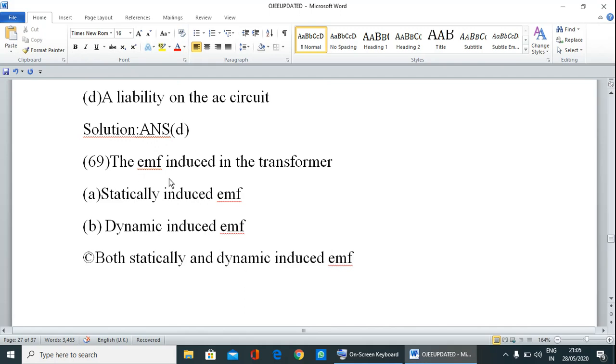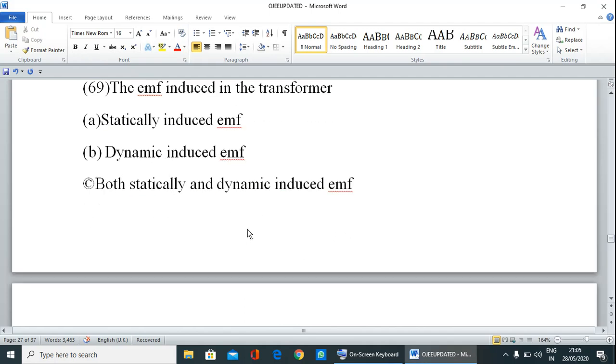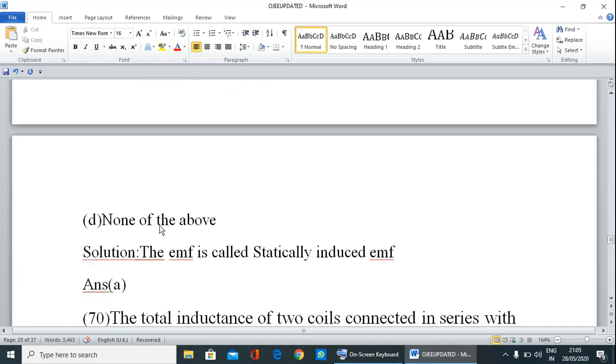The next question: the EMF induced in the transformer is statically induced EMF, dynamic induced EMF, both statically and dynamic induced EMF, or none of the above.